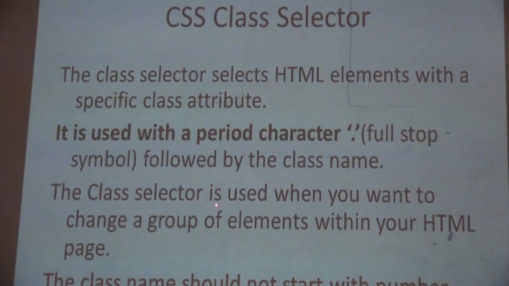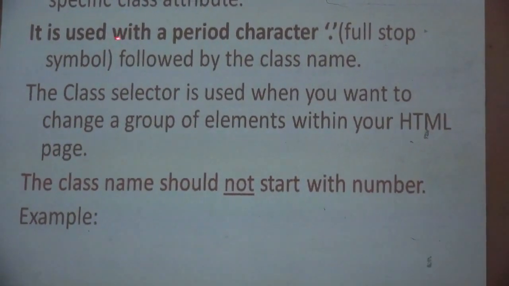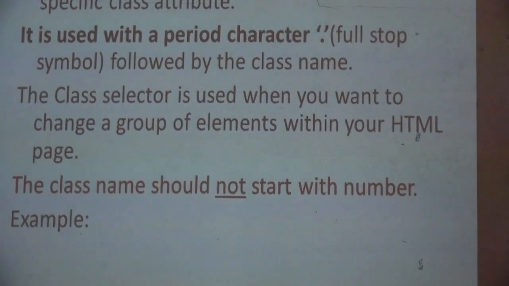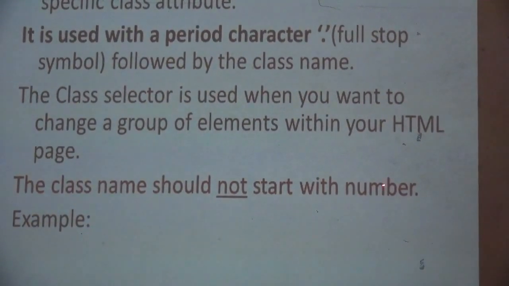The class selector is used when you want to change a group of elements within your HTML page. So for a group of elements we use this type of class selector. The class name should not start with a number.